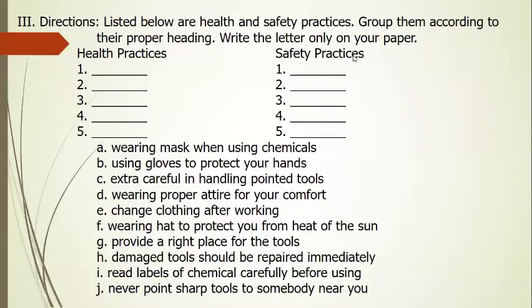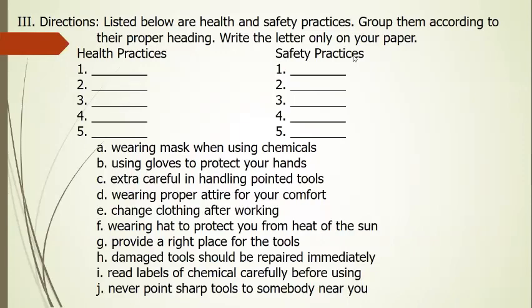So now for number 3. Assessment 3, I mean. So you are going to list down the health and safety practices. Group them according to their proper heading. Write the letters only on your paper. So meaning you have there A to J. So you're going to classify whether it is a health practice or a safety practice.